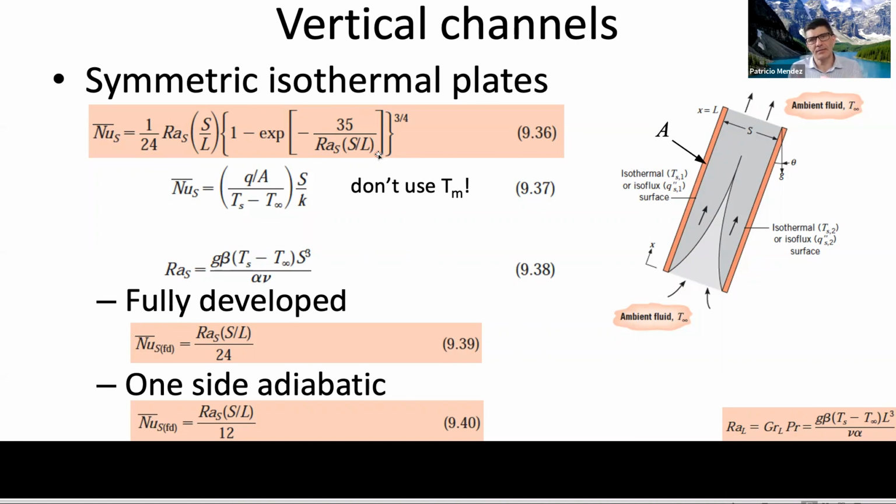So Rayleigh times the aspect ratio, the width between the plates over length, gives us the characteristic length of this entry length. So we can calculate quite many things now.